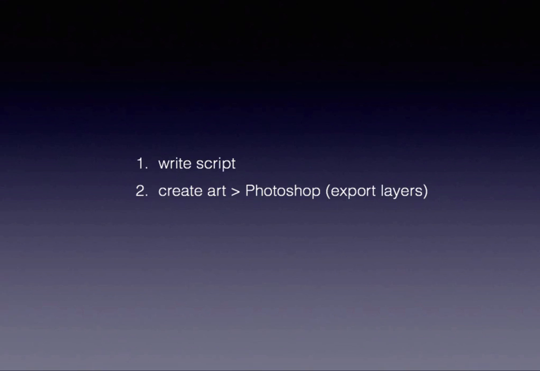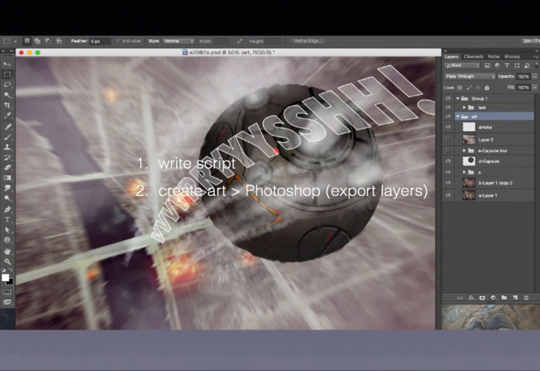So starting at the top, we have number 1 and 2, write the script, create the art, Photoshop, export layers. Like I mentioned before, if you create it traditionally, you scan the artwork in, bring it into Photoshop and colorize it. And if you create it in Photoshop, then you have the layers already as you create it.